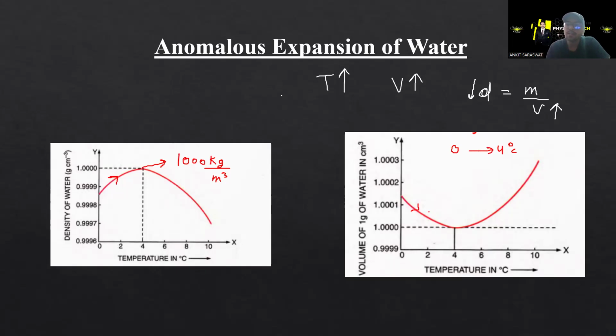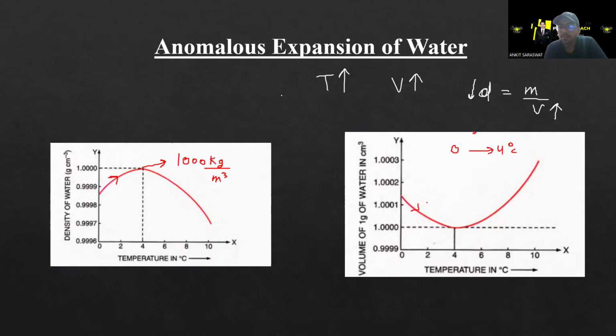But what actually happens with a liquid? If you increase the temperature, then volume is going to increase. But here, if you increase the temperature from 0 to 4 degrees Celsius, the liquid contracts on heating. It means volume is decreasing, so density is going to increase.